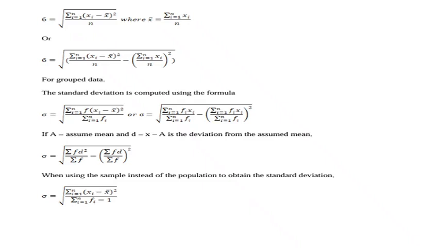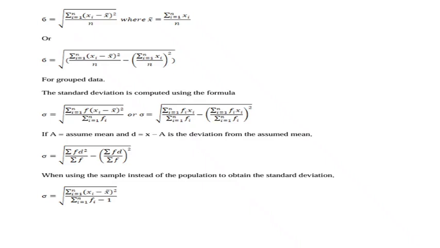Minus summation xi, close it; we sum all our xi, then we square the sum of all our xi, then we divide it by n. Then we divide the whole bracket that we opened by n minus 1. So if we have 6 samples, it will be 6 minus 1, which will give us 5. I don't know if that is clear.